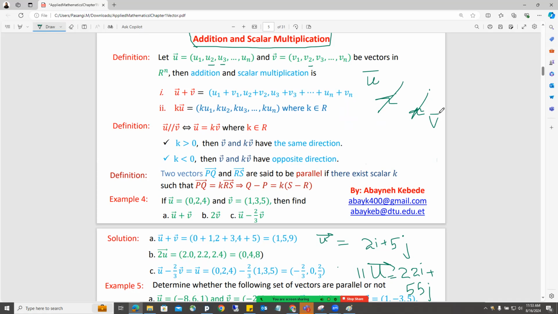If those two vectors are parallel, what are the properties they have? Let's say, tell me this, if two lines are parallel, what happens?